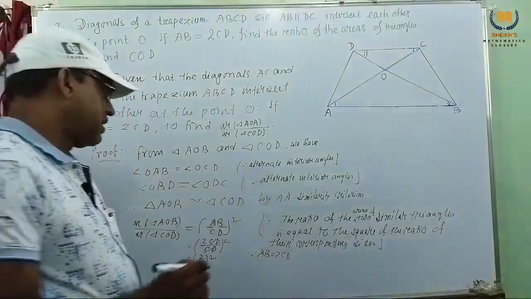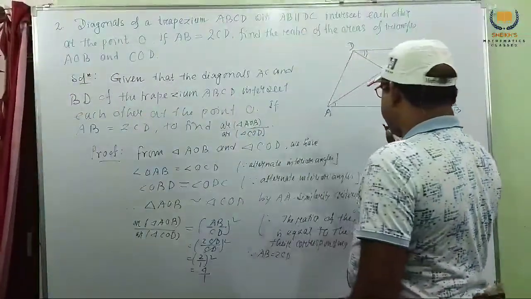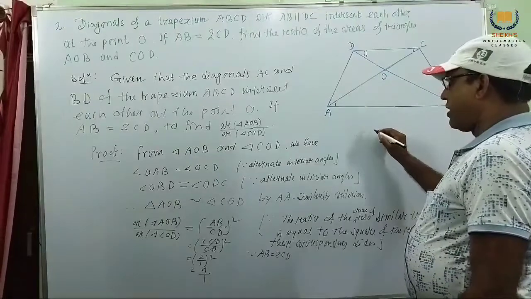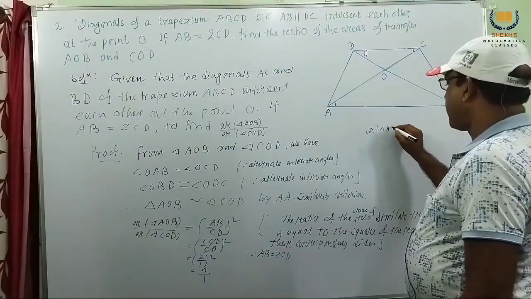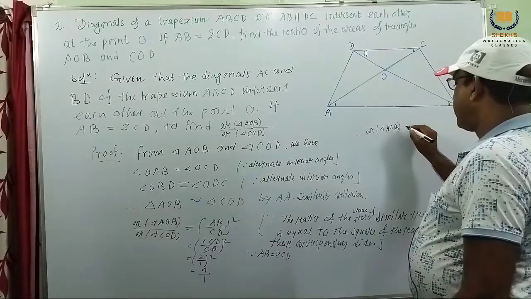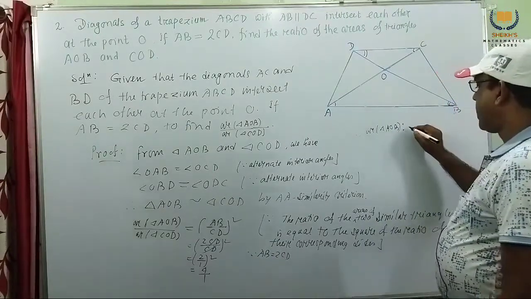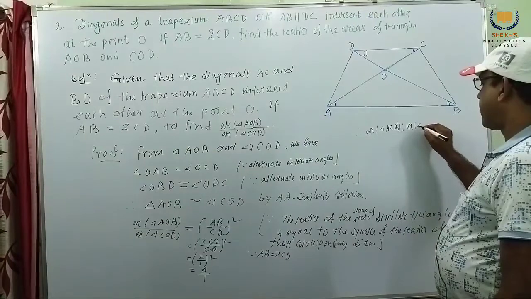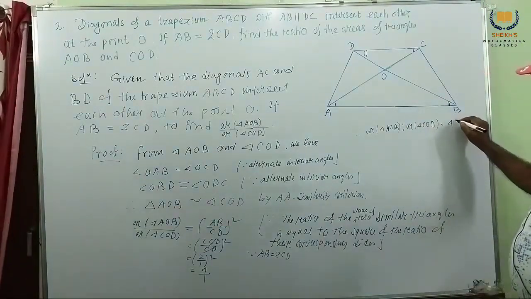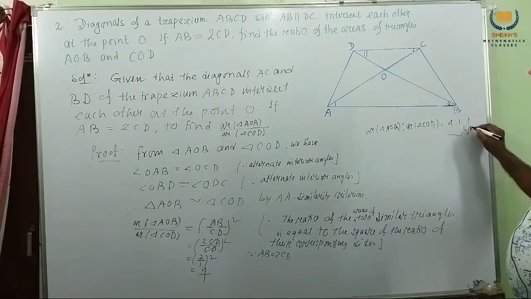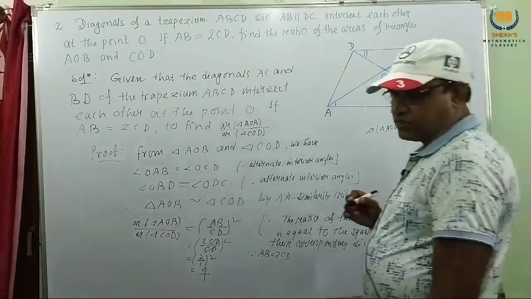Therefore, finally we write area of triangle AOB is to area of triangle COD equal to 4:1, and this is the final answer.